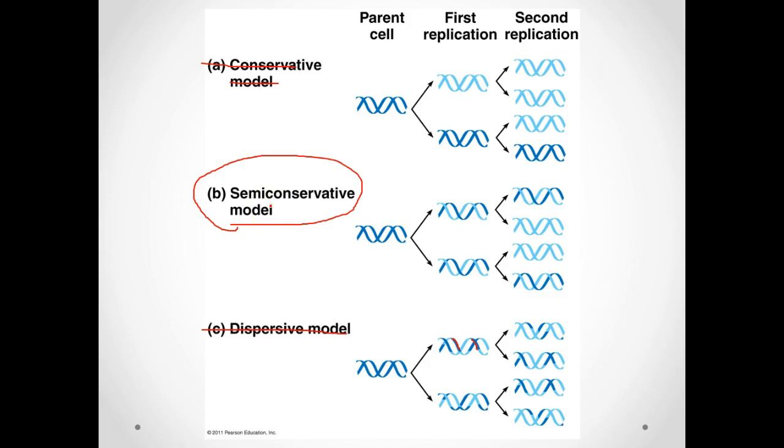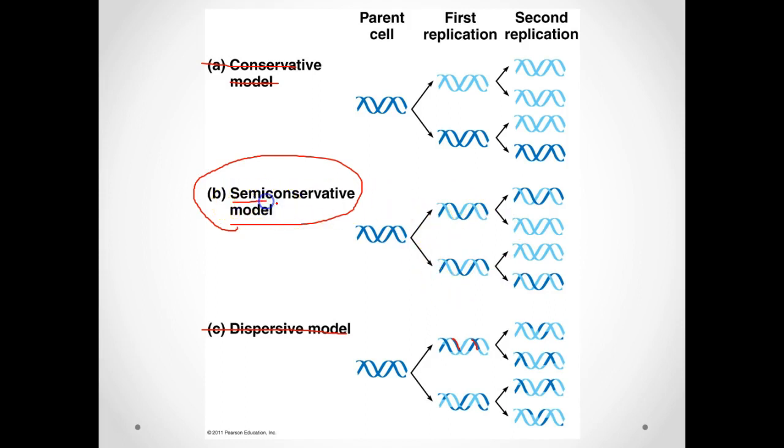Semi-conservative is the way in which DNA is made. All cells in your body will open up the DNA molecule using helicase to expose both template strands. They will use this old strand as a template to make this new strand off of. They'll use the other old strand to make this new strand off of, and you will produce two new daughter strands that were made semi-conservatively.